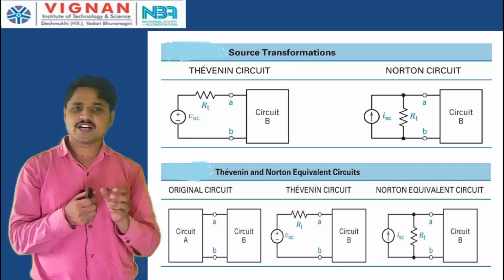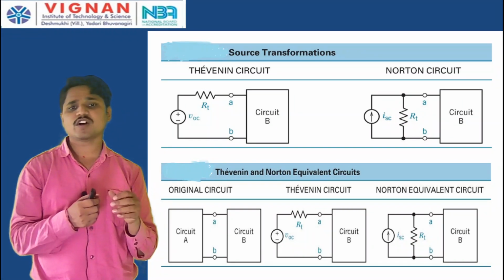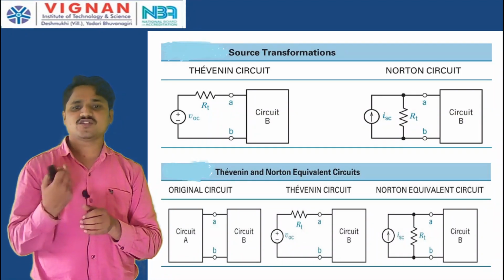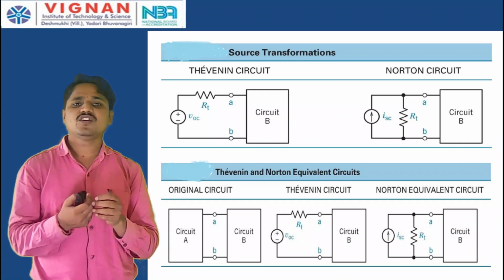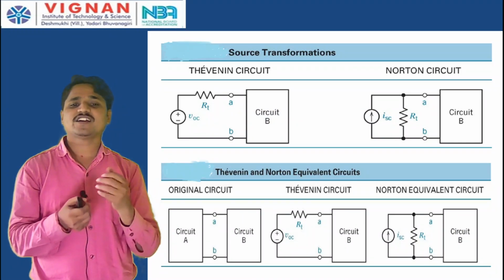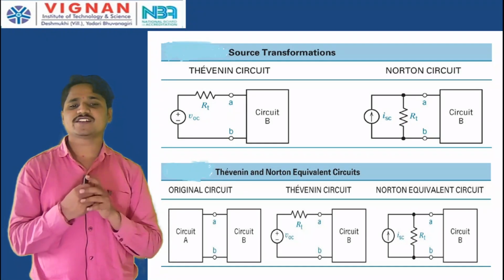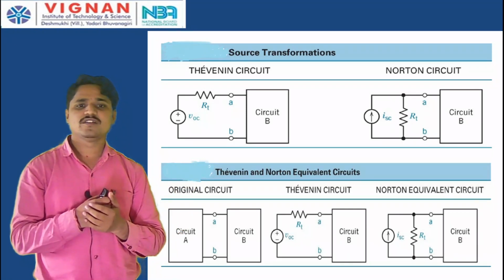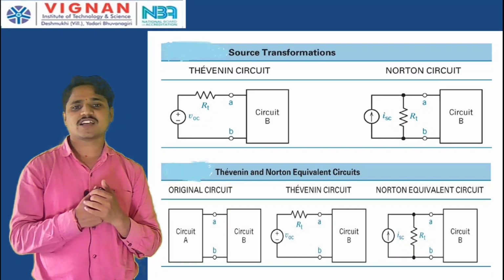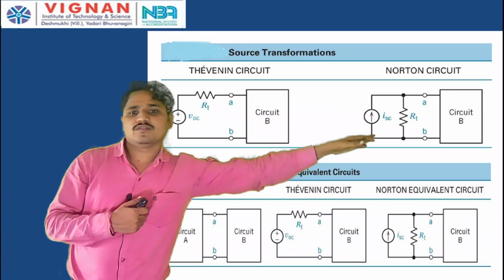That means, if the network consists of a voltage source in series with a resistance, that is a practical voltage source, it can be converted into its equivalent current source, consisting of a current source in parallel with the same resistance, where the value of the current source I is equal to V by R. See, if there is a circuit consisting of VOC and resistance R1 across the terminals AB, this circuit can be converted into this circuit.